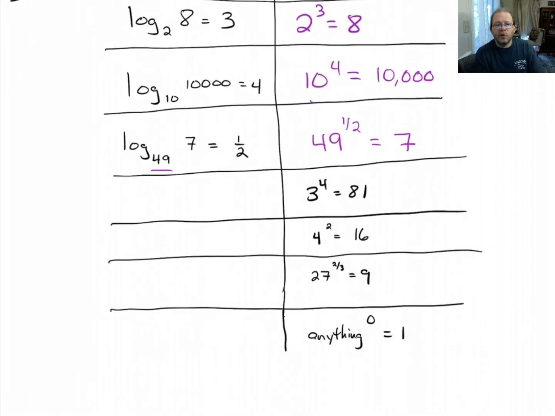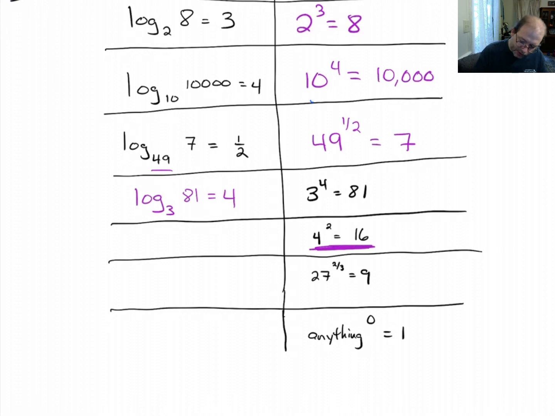And the rest of these we're going backward. 3 to the 4th is 81. Now remember, this means 3 is the base. Log base 3 of 81 is 4. All right, for this one, 4 squared is 16. Log base 4 of 16 is 2.